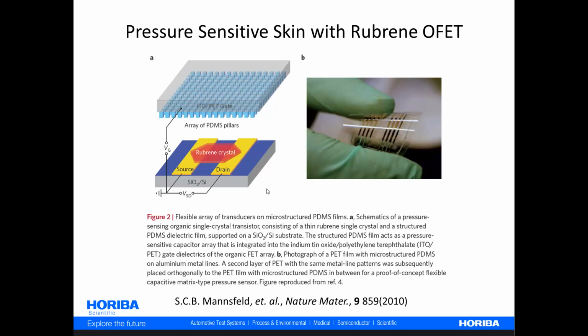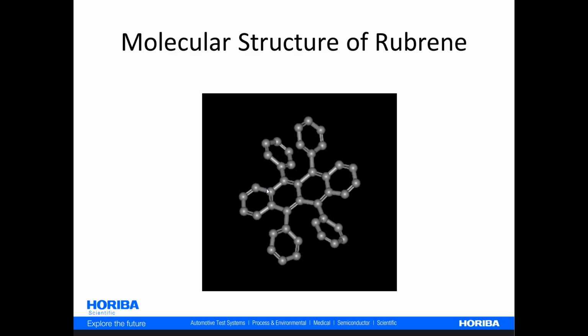Well, that's because the important characteristics such as electron and hole mobilities are highly dependent upon the solid state structure. And it turns out that those electron and hole mobilities are highest in crystalline materials, and not just polycrystalline, but single crystalline materials, and along specific crystalline axes. And this is where the polarization and orientation sensitivity of Raman spectroscopy comes into play.